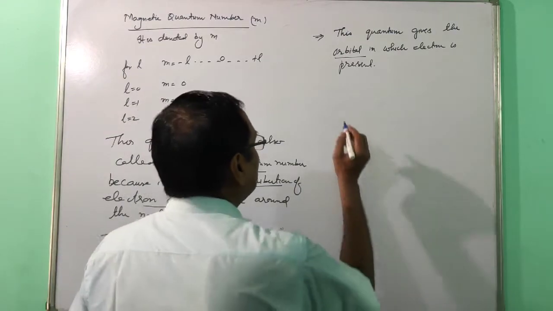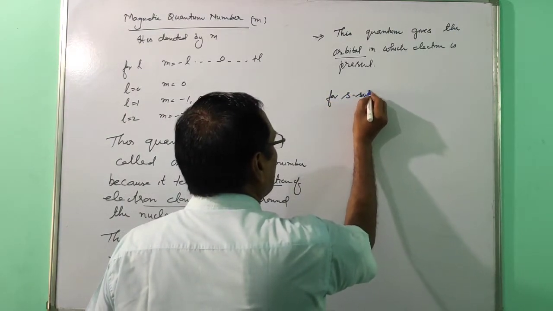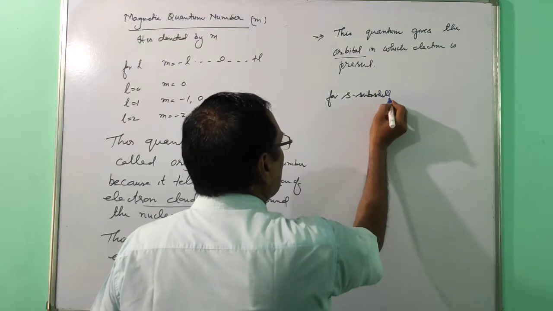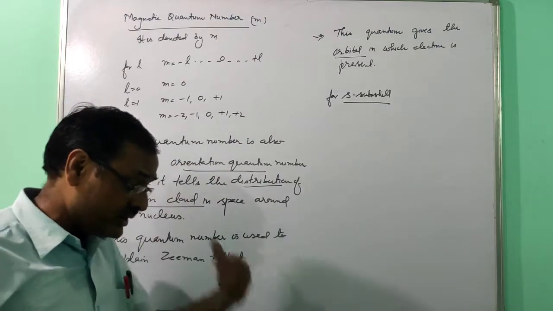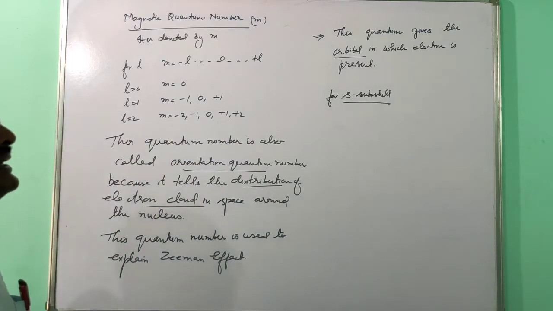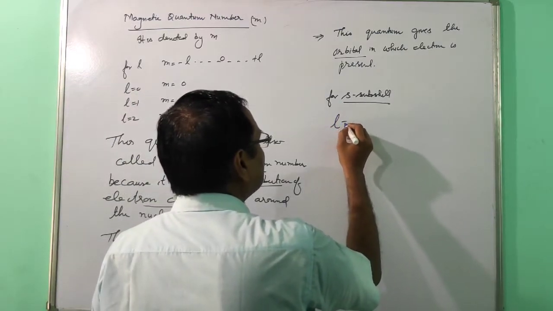And this quantum number will also give how many orbitals are present.